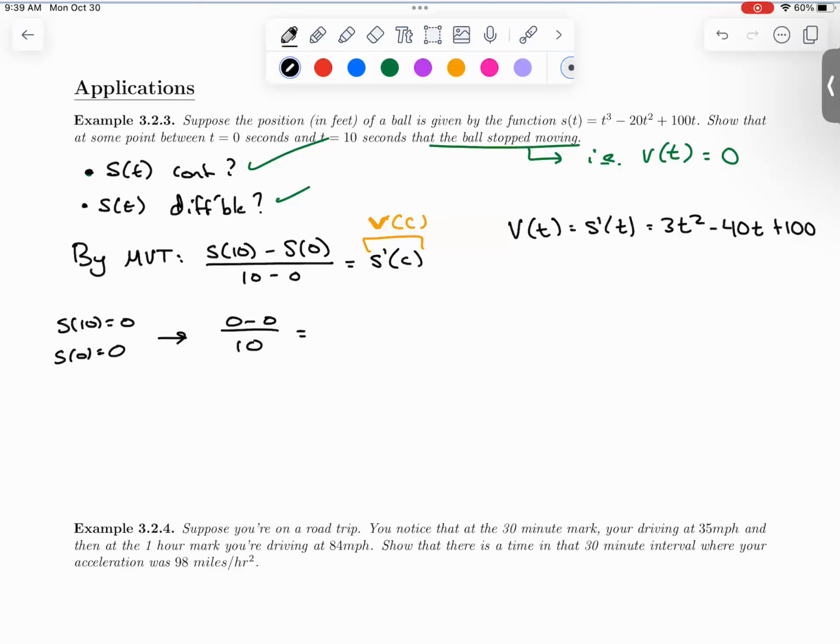Actually, we don't even need to do that. I'm realizing now, v of c, by definition, right? So this is 0.